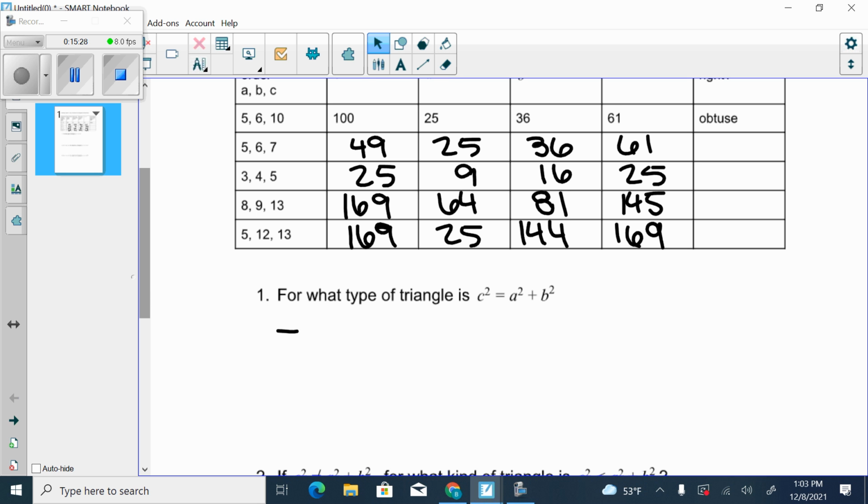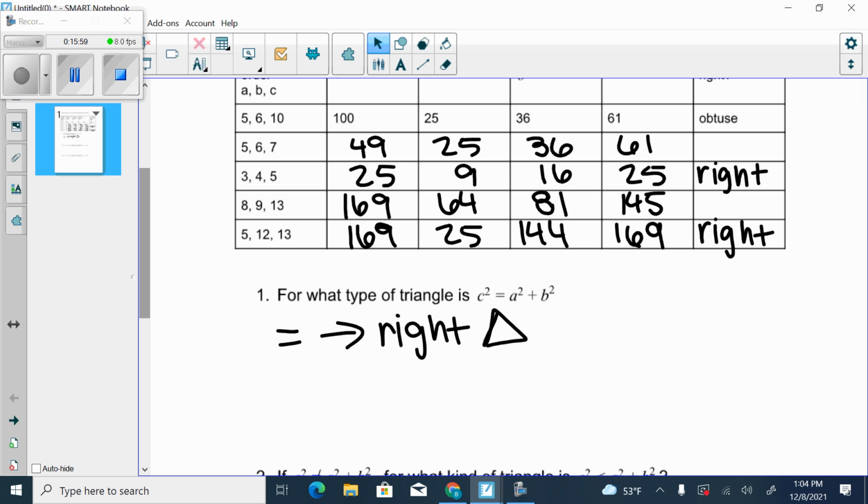So if they ended up equaling each other, this means I must have a right triangle. Which ones did that happen for us? 3, 4, 5. Good. So I can fill that in my box over here. And both of those are one of the common ones that we talked about on the other page, our common Pythagorean triples.